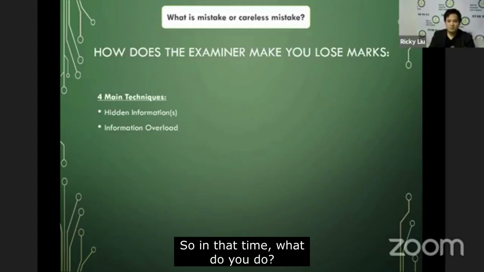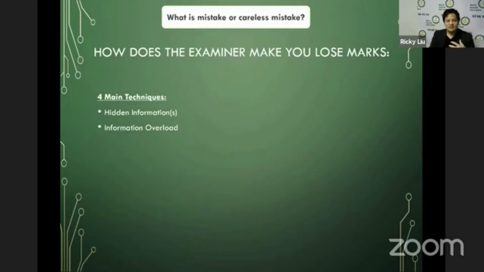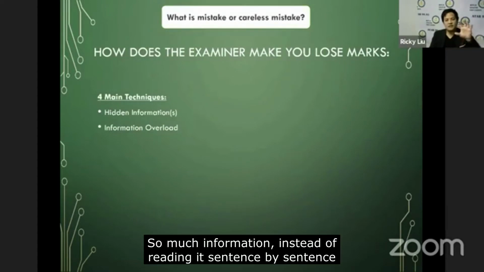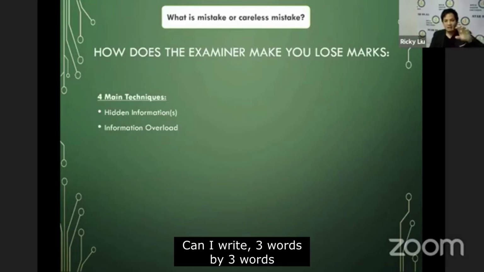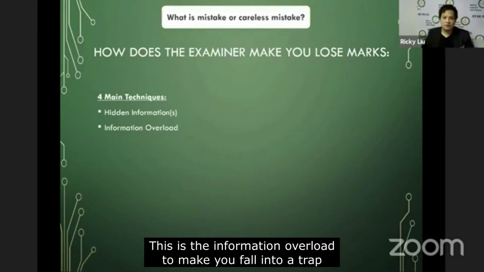What do some people do? They read it again, they're lost, then they just give up. But indeed, you need to understand, okay, too much information. Instead of reading sentence by sentence, can I read 3 words by 3 words? Still confusing. Can I read 2 words, then stop, and then 2 words again? This is the information overload that makes you fall into a trap.